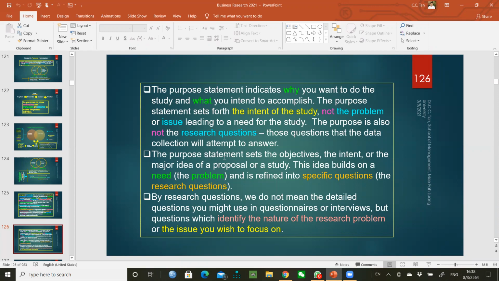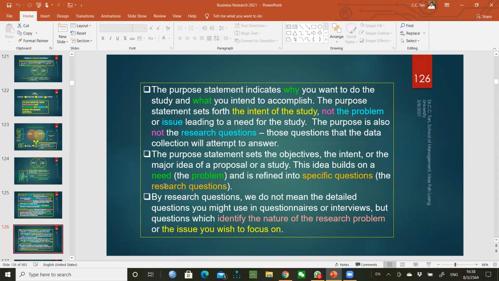The purpose statement sets the objective: your intent, your stretch goal, your idea of what you want to study. That idea builds on the need and the problem, and slowly filters through meaningful understanding toward the direction that can help you address your particular issue.